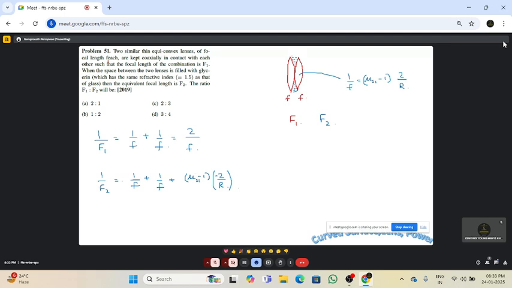So this and this are exactly the same. So what can we do? This can be replaced with 1 by F. Only thing, don't forget the minus here. So minus 1 by F. The glycerin has no separate radius. Whatever radius is in this lens, the same radius will be in the concave lens of this glycerin.